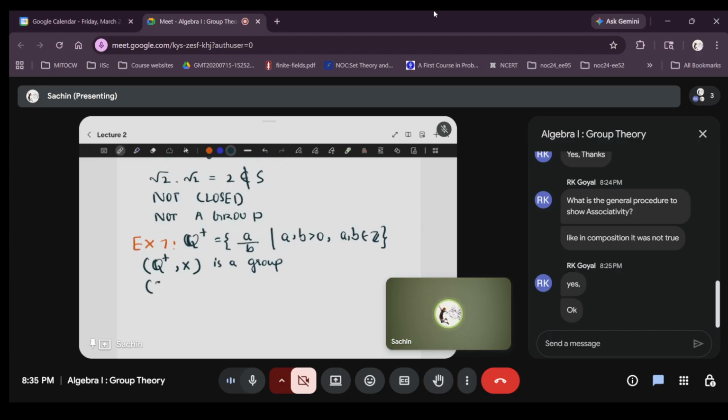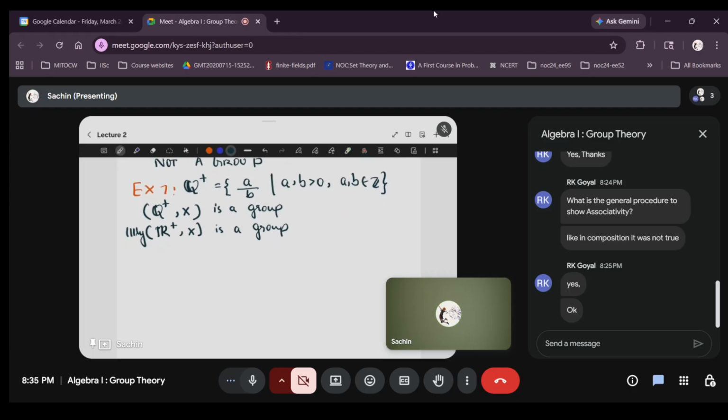Similarly, R plus, the set of positive real numbers. That's also a group under multiplication. But Q plus is not a group under addition.